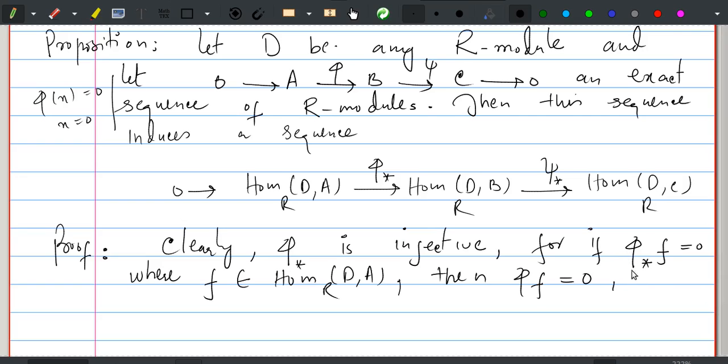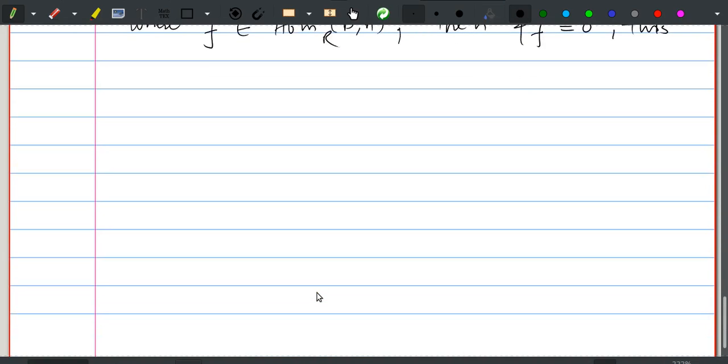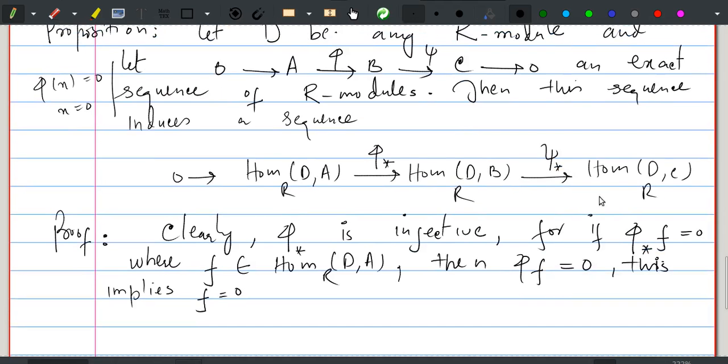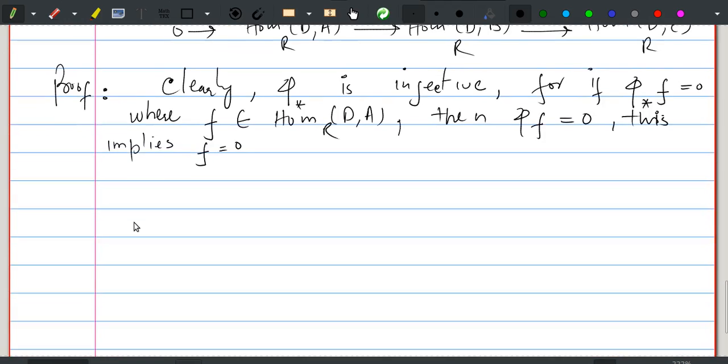So this implies F is 0. Now if F is 0, that means phi star is injective.